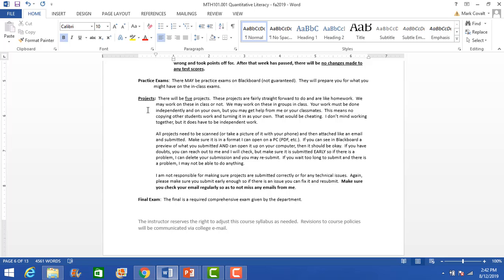Now, the thing is that you can work as groups. You can work on these together, but your work must be done independently. If you copy, or if I suspect that there's copying going on, I will investigate. And if you're caught copying, then you, and possibly the person that lets you copy, will receive a failing grade on that assignment.